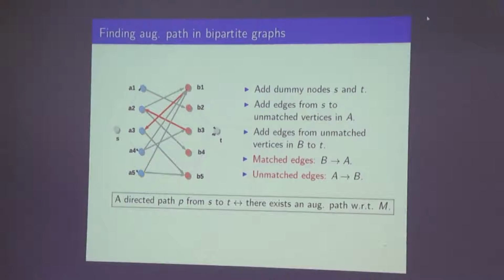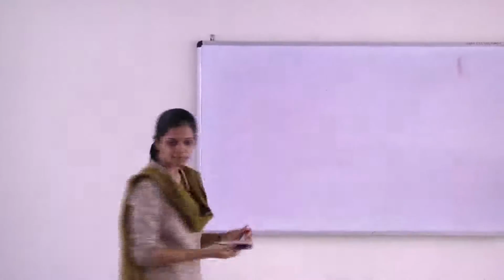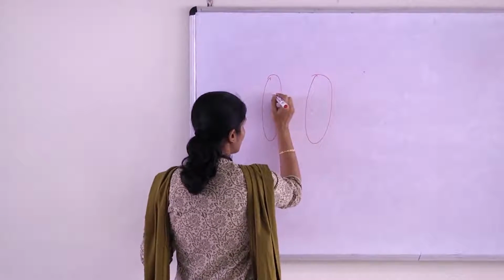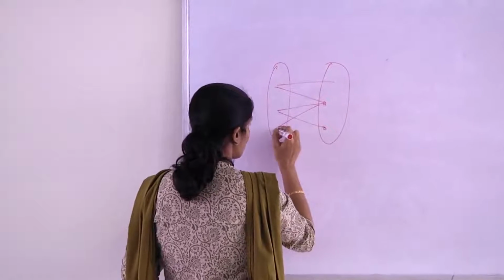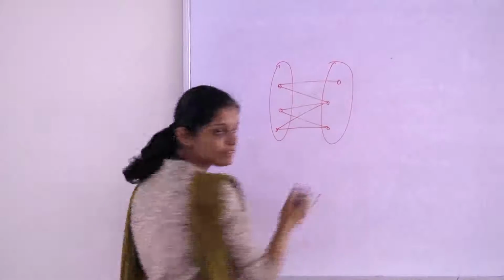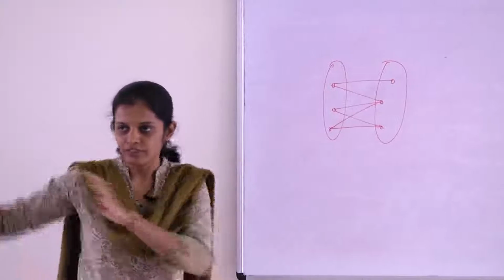Okay, so let's check whether we understand it correctly. Initially nobody gives me any matching, right? So I start with a blank slate. I start with a simple bipartite graph, and there are these edges. There is no matching. How do I construct this bigger network? You have to follow these steps.